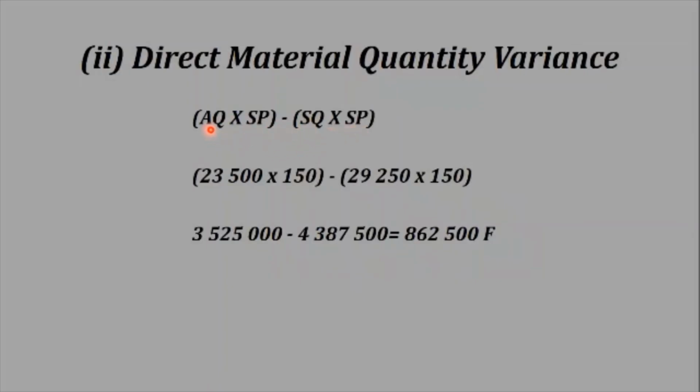And you'll wind up with the actual quantity minus the standard quantity inside of one of the brackets. So when you work out this, you're going to get favorable variance of 862,500. Now, how would we know that it's favorable? When we look at the actual and the standard, the actual is less. Okay, so we know that it's favorable.